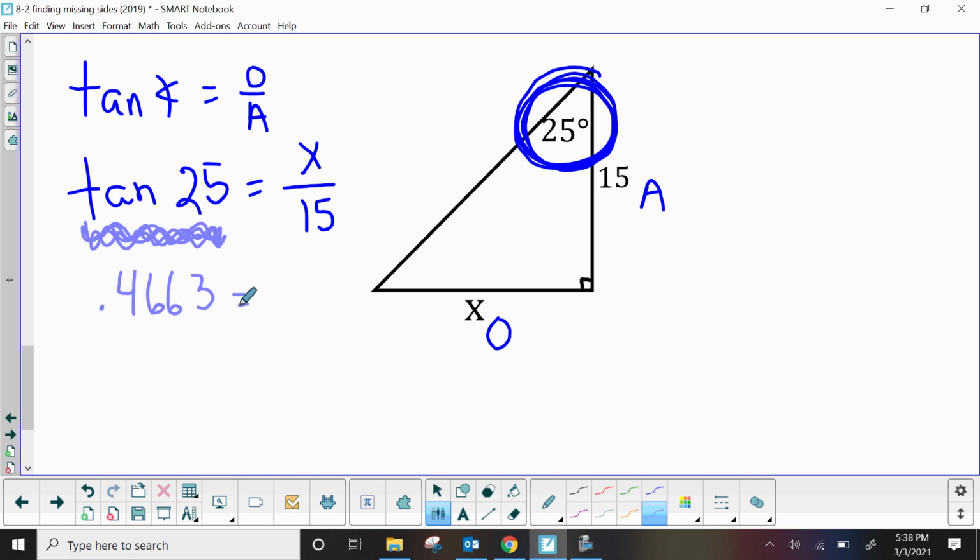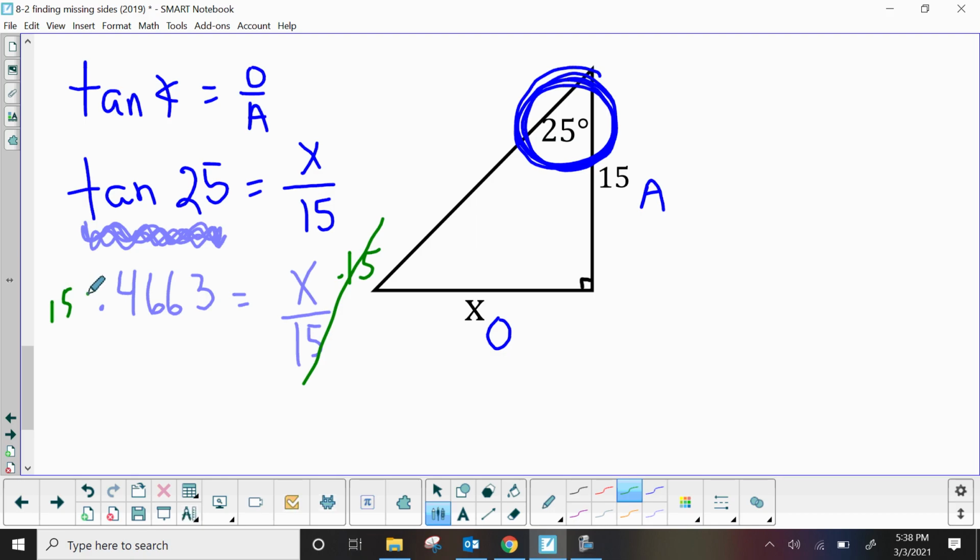So 0.4663 is equal to x divided by 15. And then, of course, to get the x by itself, I want to get rid of divided by 15, and I'll get rid of that by multiplying by 15. That'll cancel it on this side, and now I just need to multiply by 15 on this side.